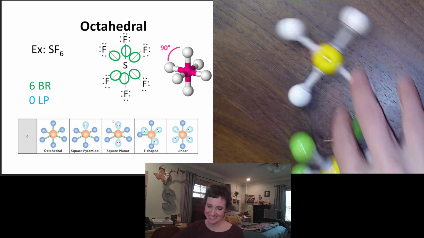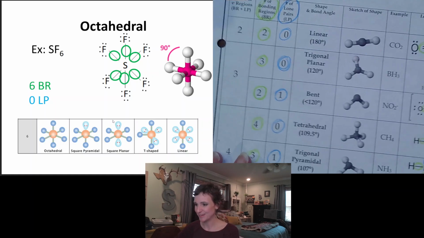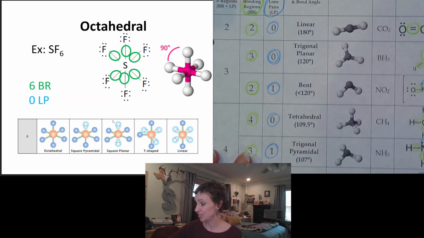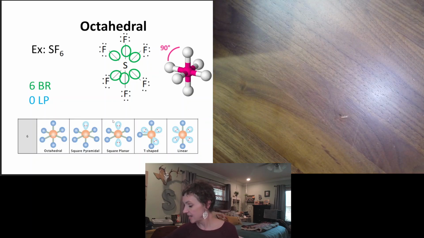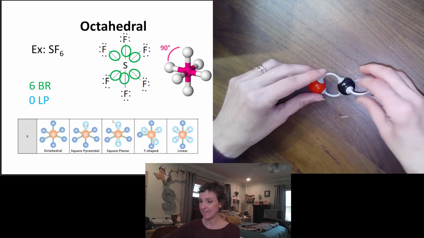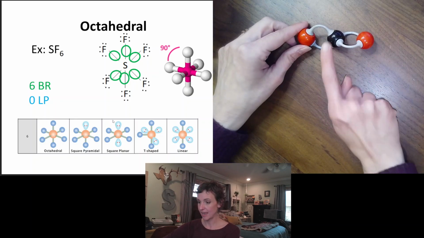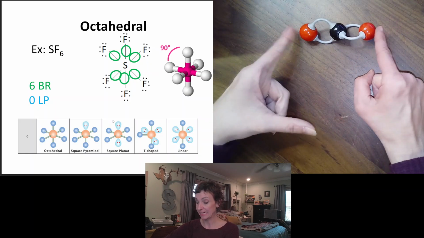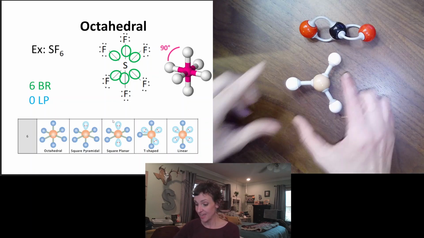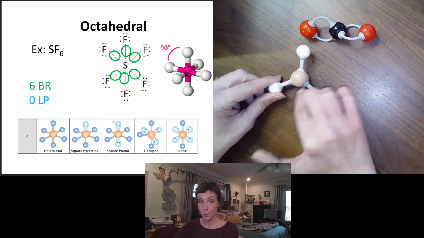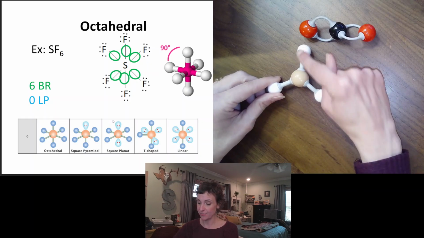But you only need to know your 6 VSEPR shapes, right? So my 6 VSEPR shapes as a recap, let's see if I can zoom out a little bit. The first shape we had was a linear shape, where I have 0 lone pairs on the central atom and 2 bonding regions, meaning bonded to 2 outer atoms. My next VSEPR shape was my trigonal planar, which has no lone pairs on the central atom and 3 bonding regions.